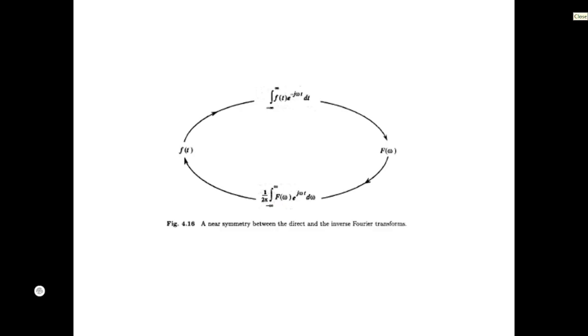Basically, we have a signal x of t, we apply the Fourier transform and we get X of j omega. If we apply the inverse Fourier transform onto this frequency domain signal, we get the time domain signal.